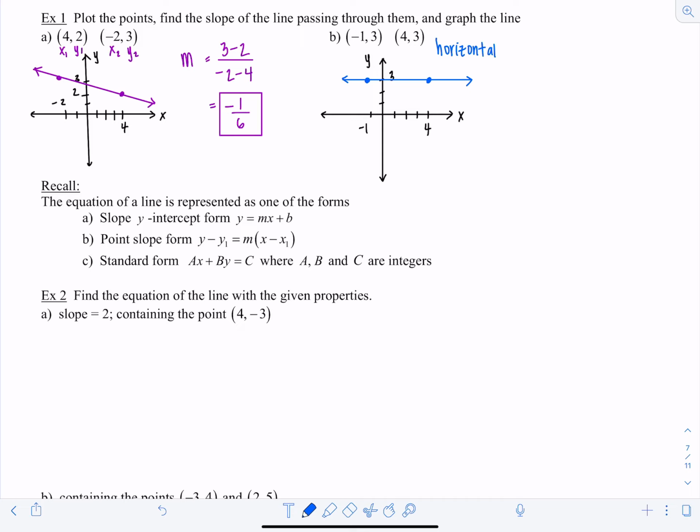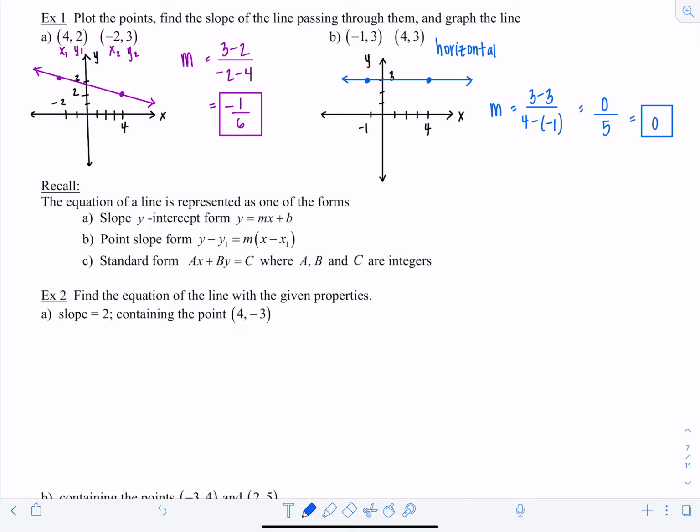Let's see what its slope is going to be. Remember, we have y2 minus y1, so 3 minus 3, divided by x2 minus x1, that's 4 minus negative 1. So I'm going to have 0 divided by 5, which is 0. So the slope of this line is 0. All horizontal lines have a slope of 0.